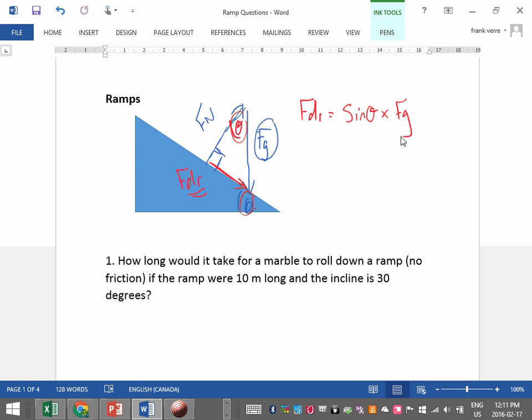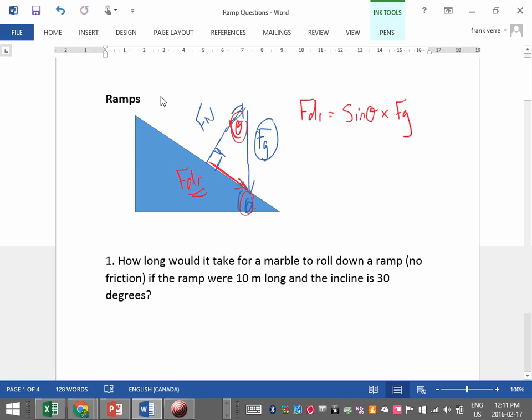Because if you look, your weight is your hypotenuse. Here's your theta. The opposite side is the force down the ramp. So it's a function of sine theta times the weight.